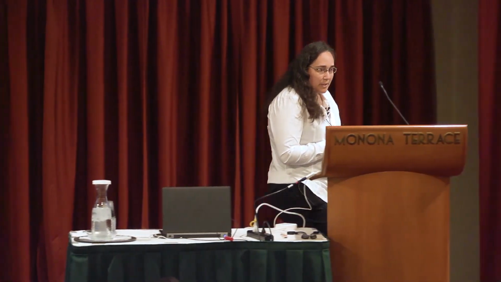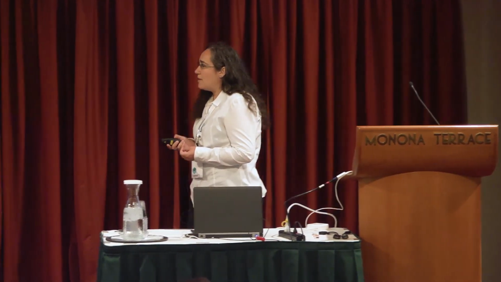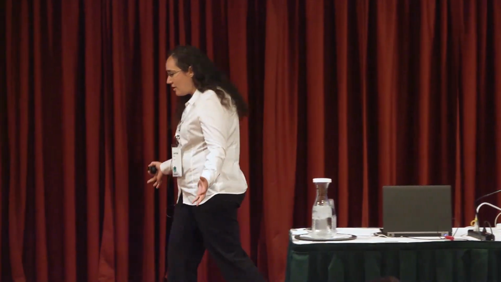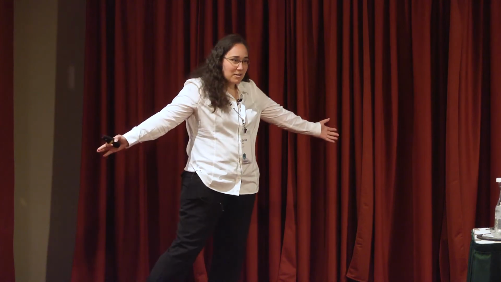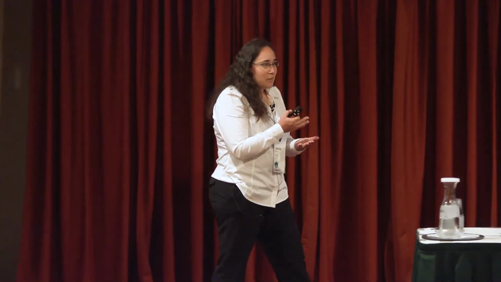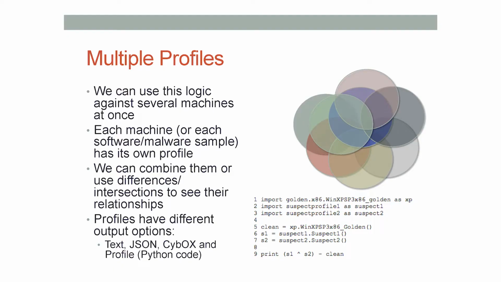So this is pretty cool because we're able to have multiple profiles, and these profiles can be anything. They could be all of the artifacts that we found on a particular machine, all the artifacts that we found across our enterprise. They could be something like just the software version X, et cetera.